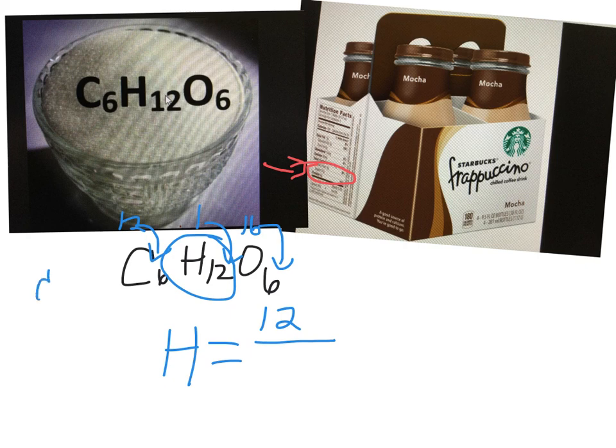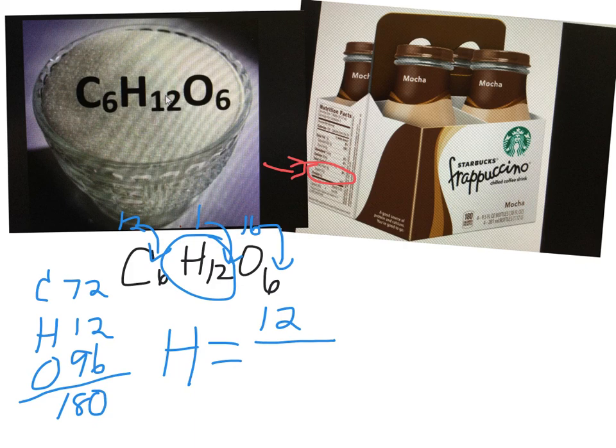Okay, carbon, 12 times 6 is going to give you 72. For hydrogen, 1 times 12 is 12. For oxygen, you're going to have 16 times 6. That is 96. So if you add up all of these elements, 72 plus 12 plus 96 is 180. Okay? Now, one of these has a lot of sugar, but we want the percent of just hydrogen.